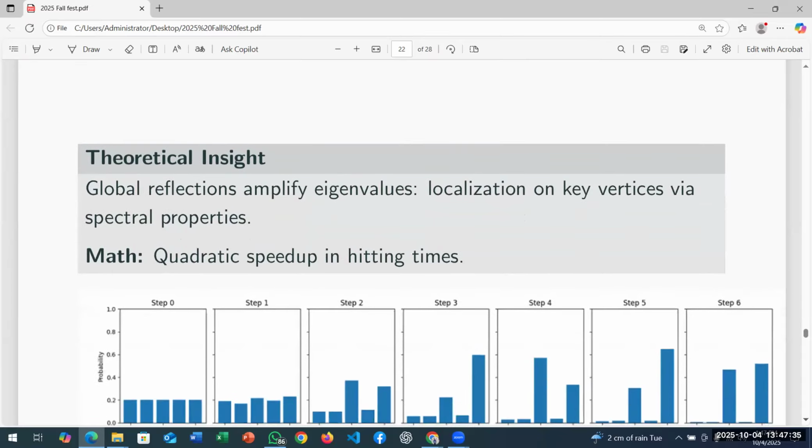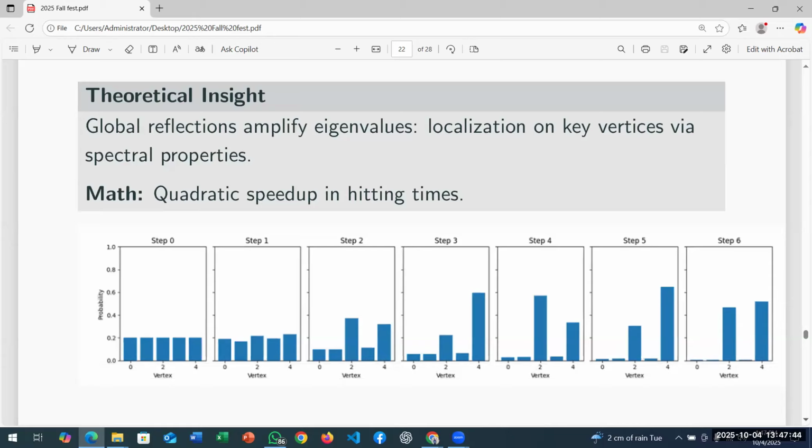Now, the same thing that I did for the coined simulation, I still did for Szegedy, whereby I simulated it in order to see the pictorial evolution of the probabilities over the musical graphs that I used.